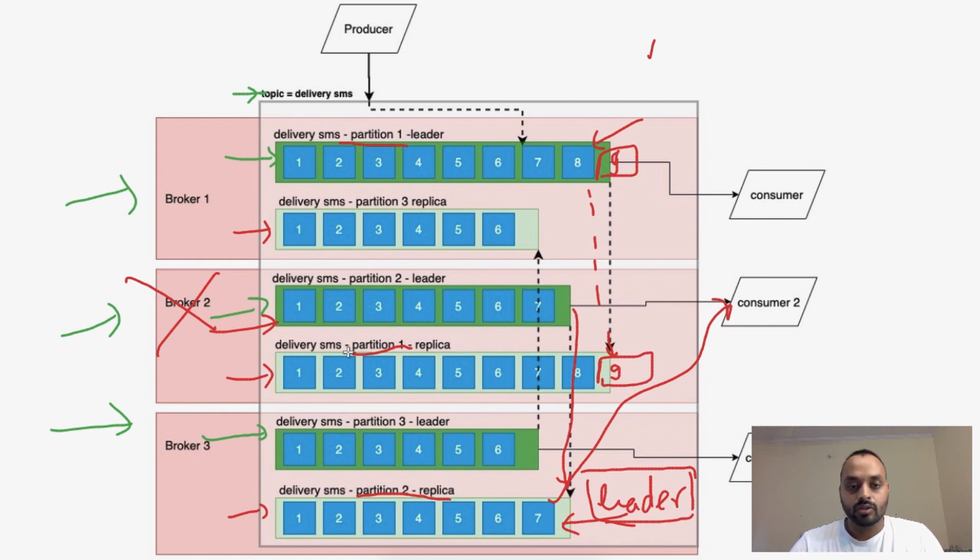We also had the partition 1 replica here. The replica might also be moved to this broker 3. So this is P1, and this partition 2 replica will also be created here.